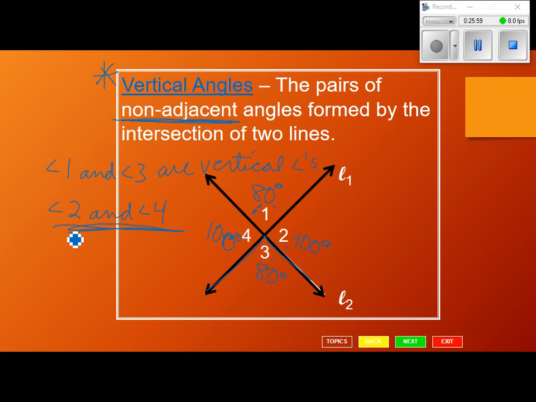And this is going to work every single time. Angle 2 and angle 4 right here, oh, they have the same measurement. Well, that means they're congruent. So we can say angle 2 is congruent to angle 4. We can also say that angle 1 is congruent to angle 3. And the reason that those angles are congruent to each other is because they are vertical angles. Vertical angles, and that's what's on the next slide, I think.